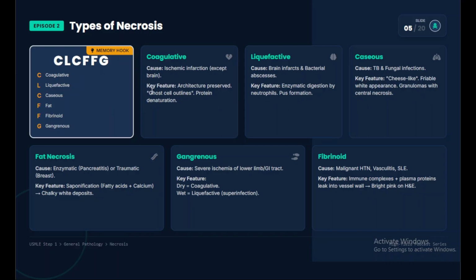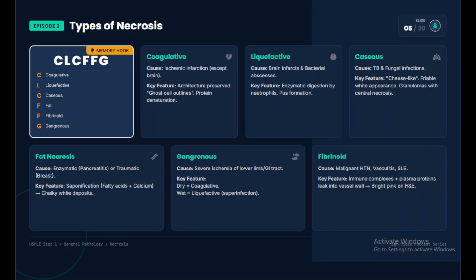Neutrophils release powerful hydrolytic enzymes which rapidly digest the tissue, and this gives a liquefactive, liquid viscous mass-like appearance on the microscope.